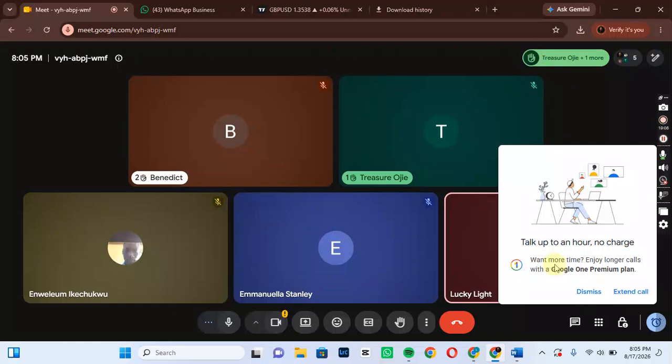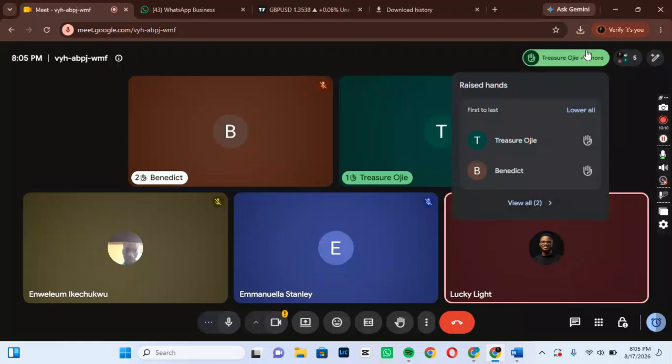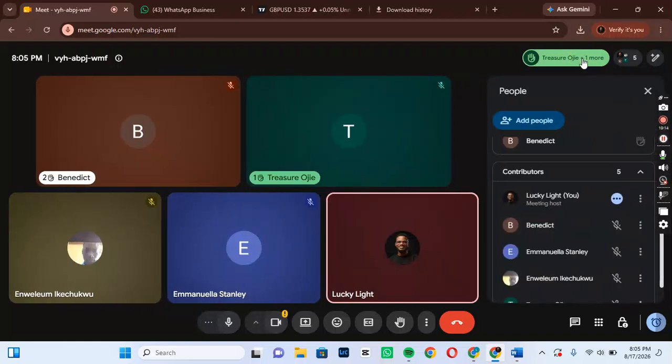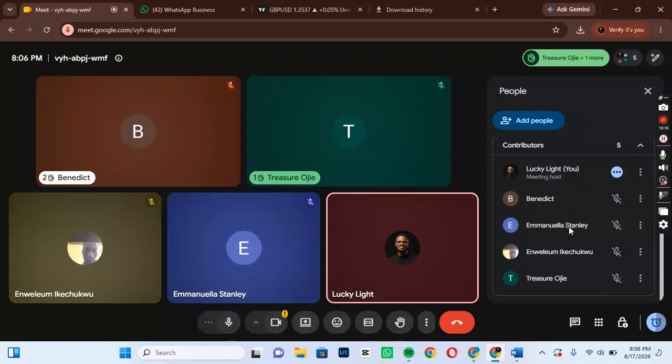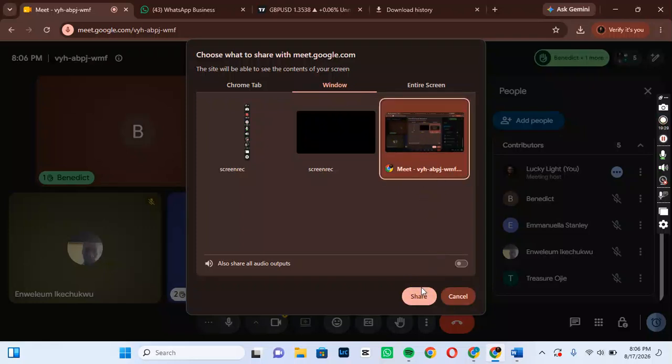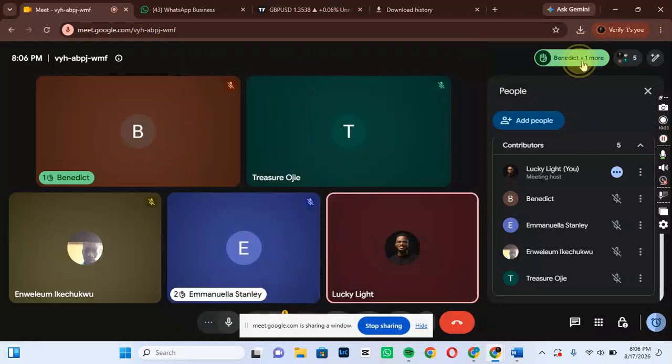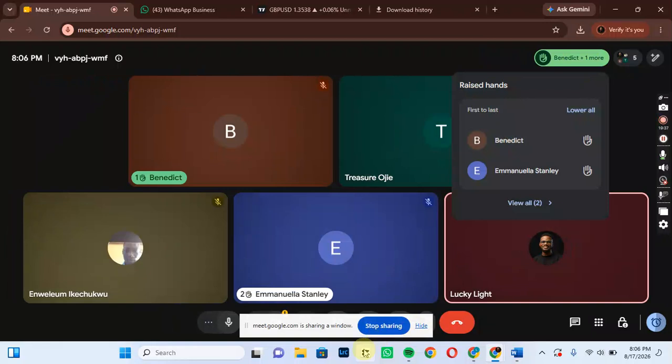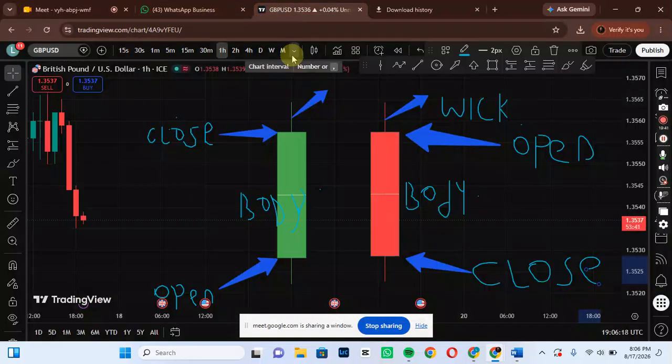Can you see my screen now? Can you see my screen? Yes, I can.